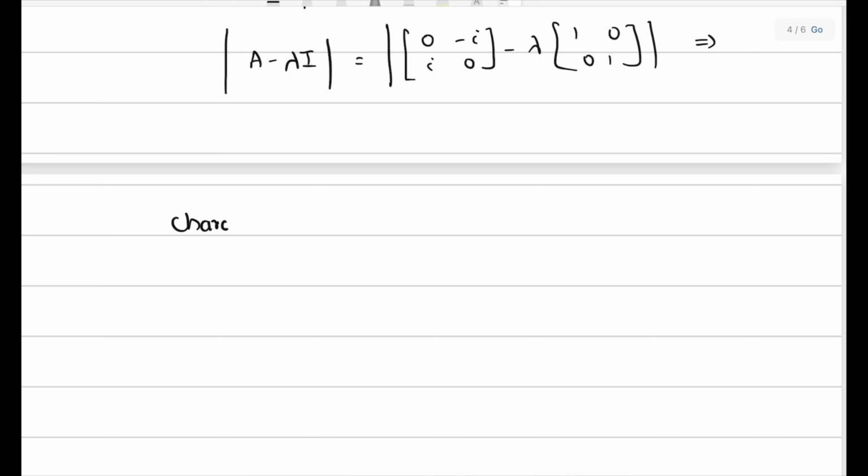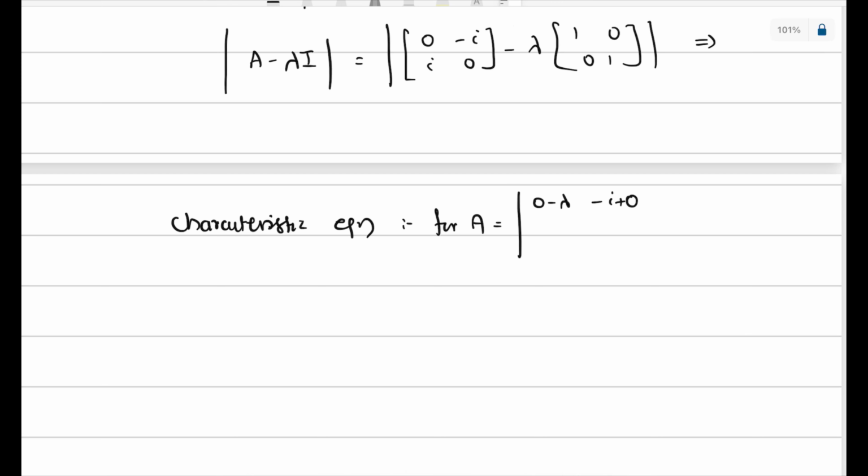That implies the characteristic equation for A is determinant of [0 minus lambda, minus i; i, 0 minus lambda].